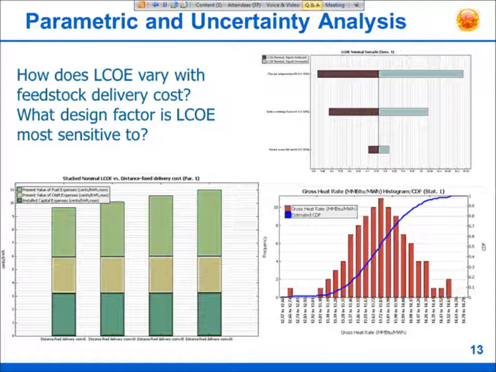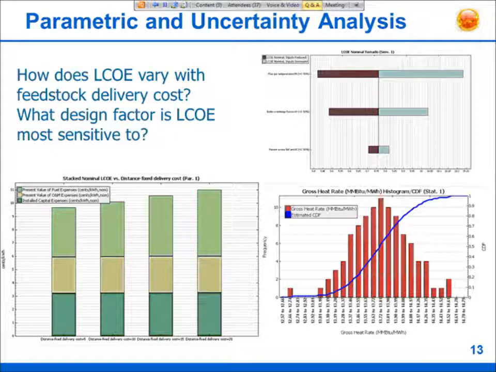So in addition to simulating a power system, you can use SAM for more advanced analyses. I have some screenshots showing some results here to give you a sense of what that means. The parametric and uncertainty analysis capabilities basically allow you to assign multiple values to input variables, so that you can look at results over a range of values.